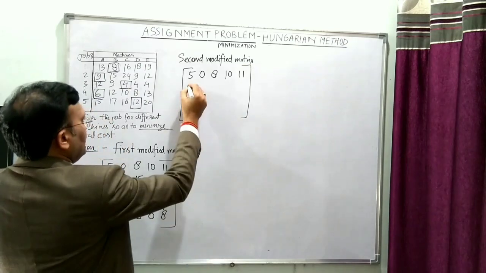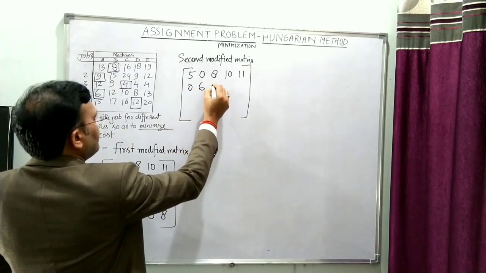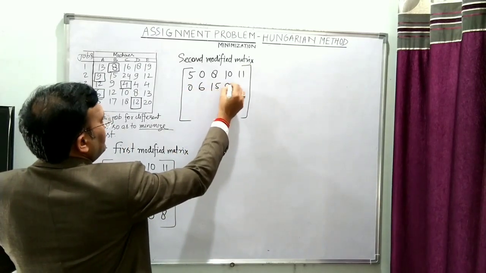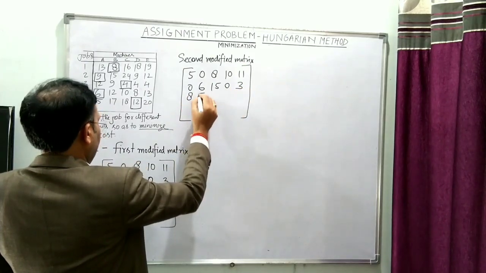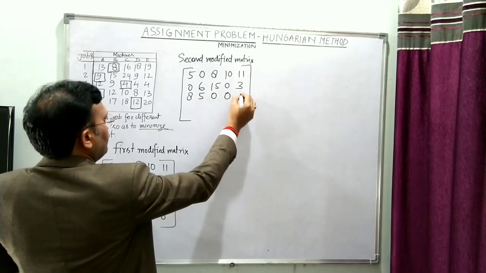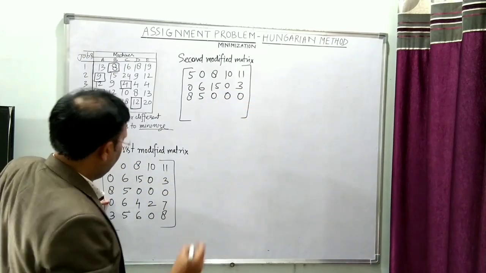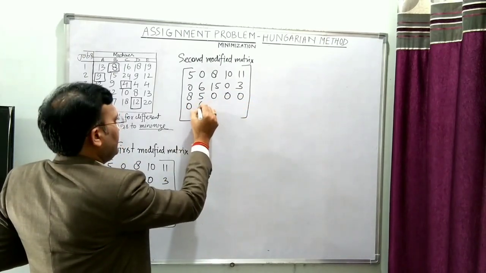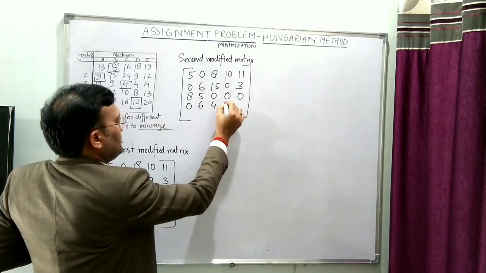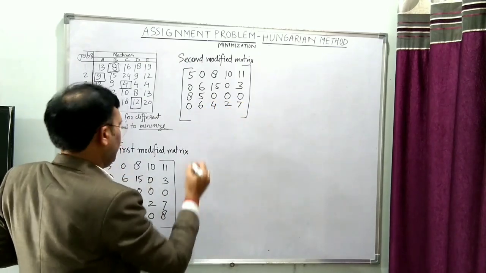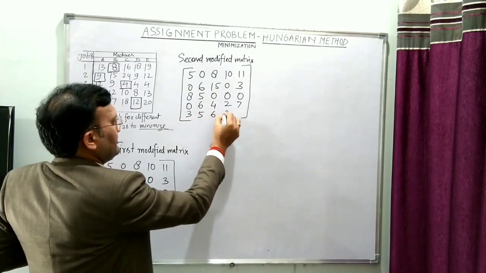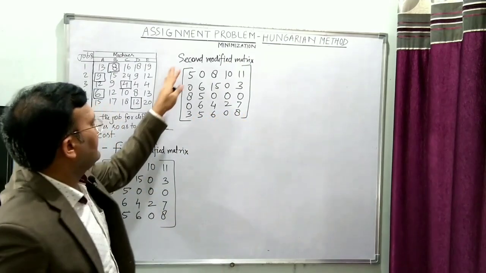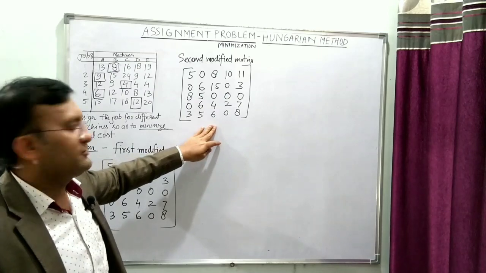For the second row, it will be 0, 6, 15, 0, 3, then 8, 5, 0, 0, 0, then 0, 6, 4, 2, 7, then 3, 5, 6, 0, 8. So this is our second modified matrix.